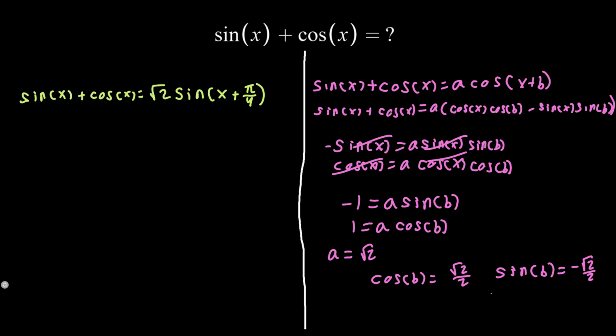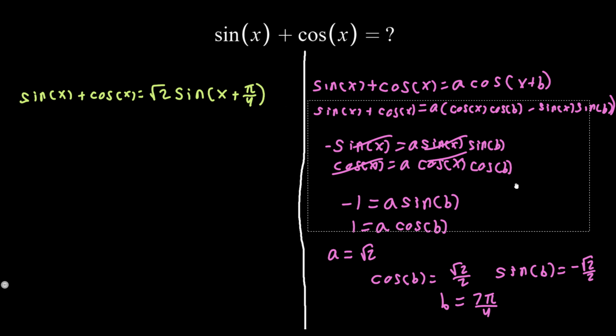That means it has to be in the fourth quadrant, so b has to be greater than 3 pi over 2. So b could be equal to 7 pi over 4, because that is in the fourth quadrant. If we have sine 7 pi over 4, that is negative root 2 over 2, and cosine 7 pi over 4 is positive root 2 over 2.